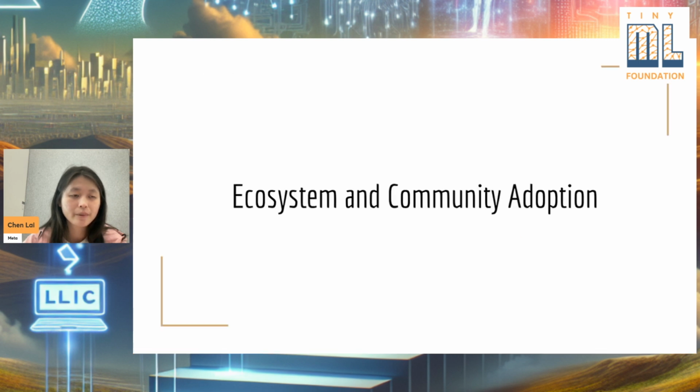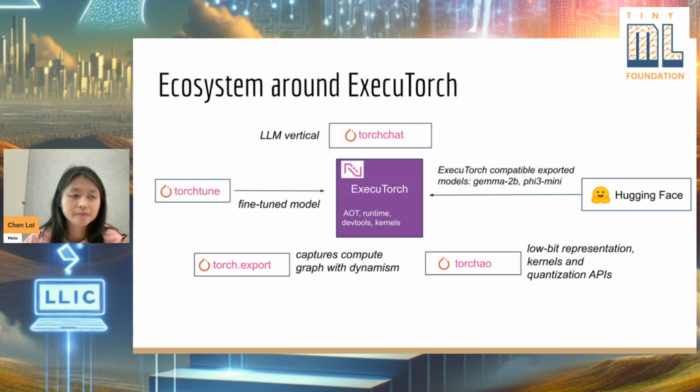Ecosystem and community adoption. ExecuTorch does not work alone. It starts from torch.export, where the compute graph is captured with dynamism. Quantization is supported by TorchAO, where the lower bit quantization kernels and quantization API will be hosted. We built this LLM vertical stack with Torchchat to showcase LLM inference on mobile devices.